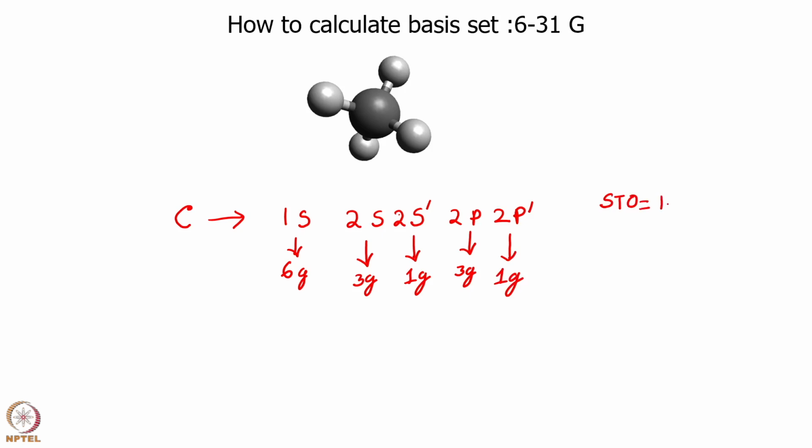Now, how many Slater type orbitals are there? One for the core, 2 for the 2s orbitals. Now, there are 2p and 2p dash. Remember, each p orbital has px, py and pz. So, this will be total 6 orbitals.